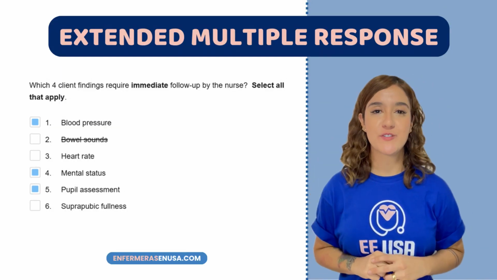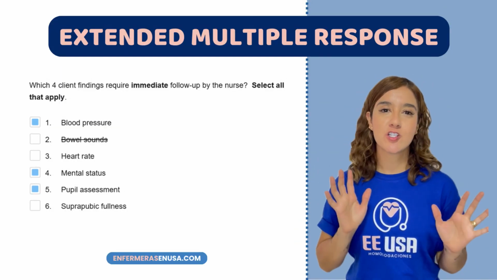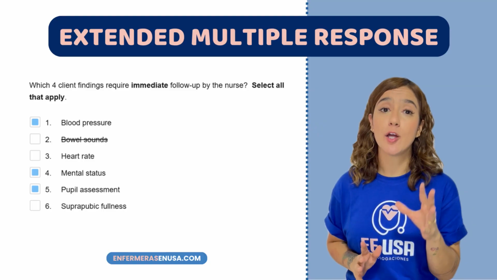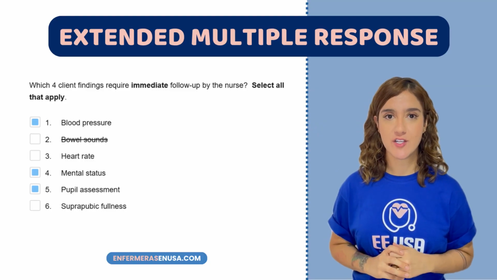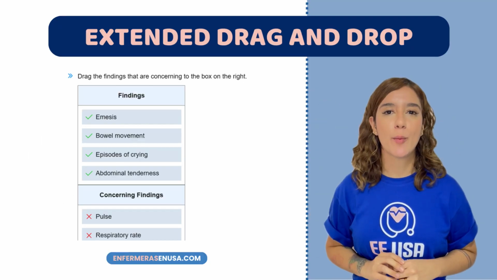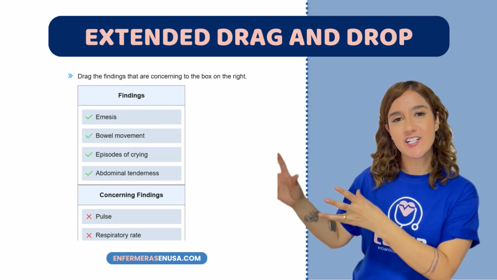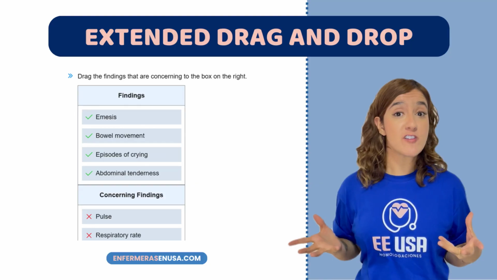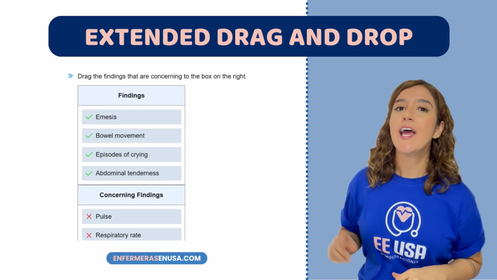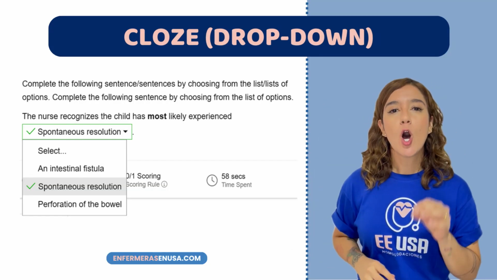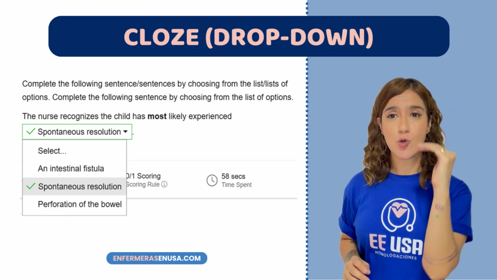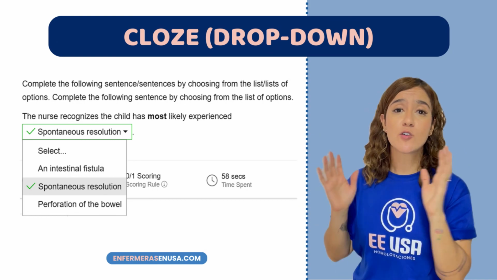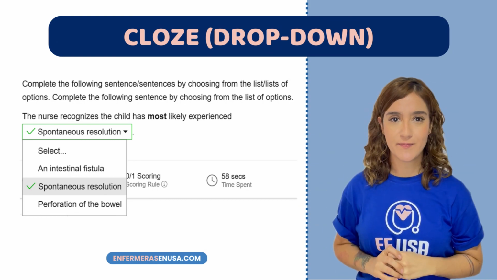Extended multiple response: similar to the traditional multiple response questions, but with more answer options. Extended drag and drop requires test takers to move options into the answer boxes. This extended format offers more choices than before. Drop-down response: options are displayed in drop-down menus, sometimes across multiple answer boxes.